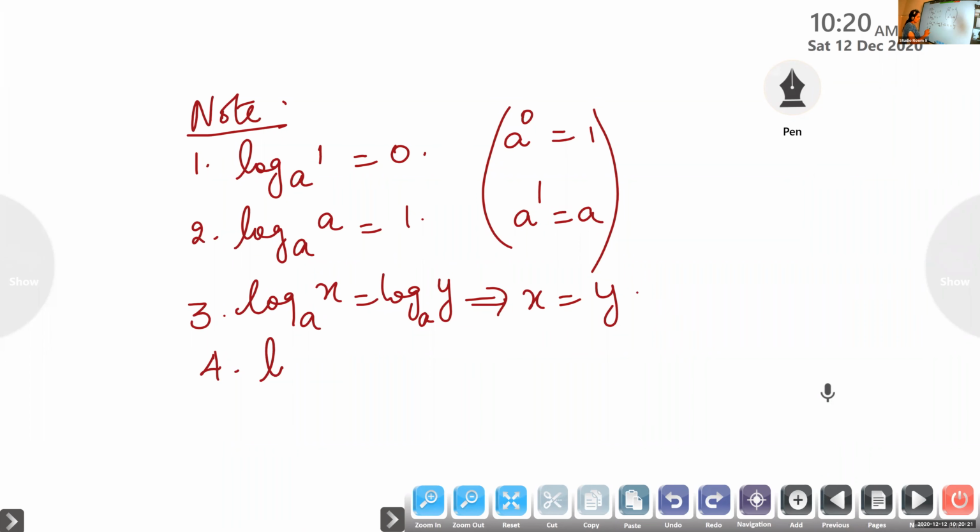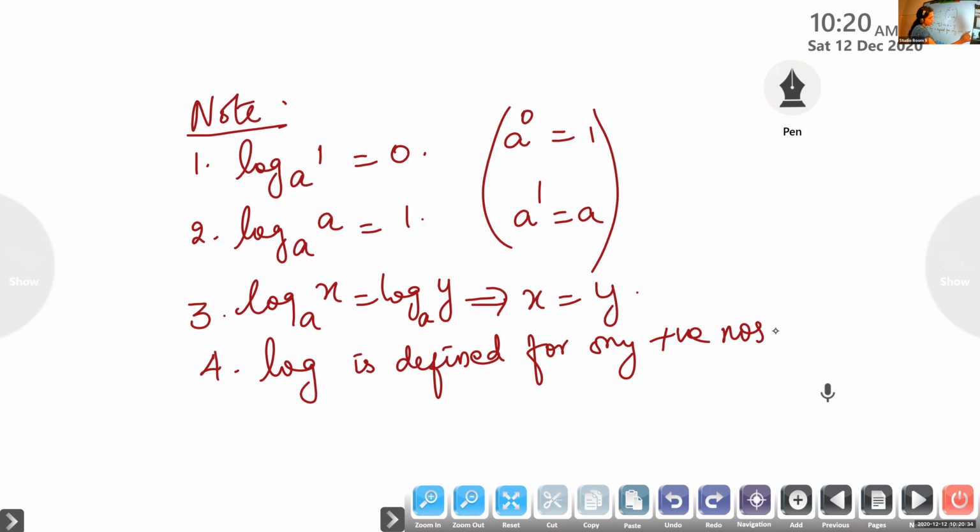Fourth one, logarithm is defined for only positive numbers. We cannot define it for negative numbers. Positive means it can be any real number.